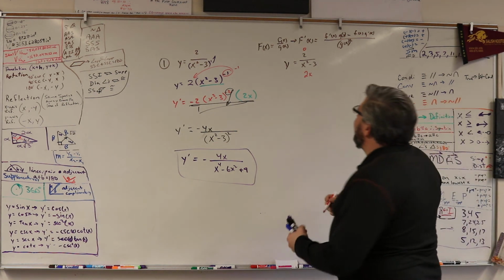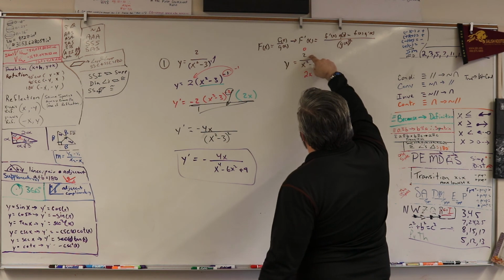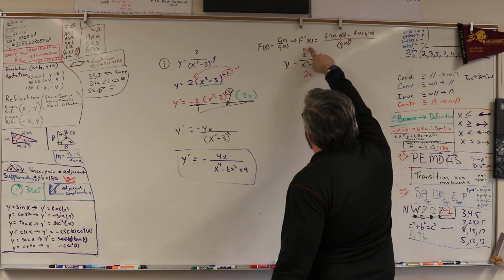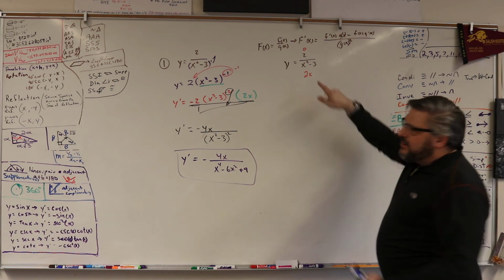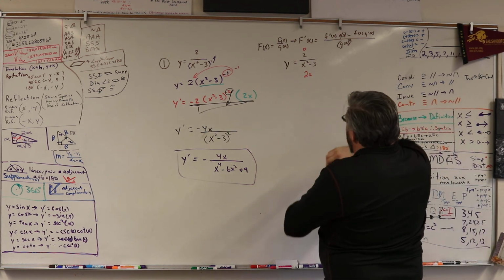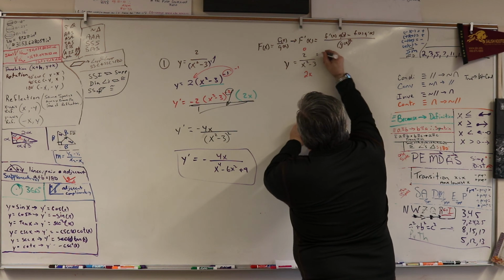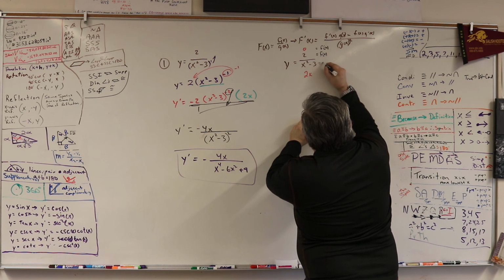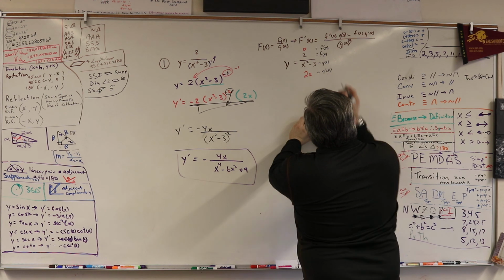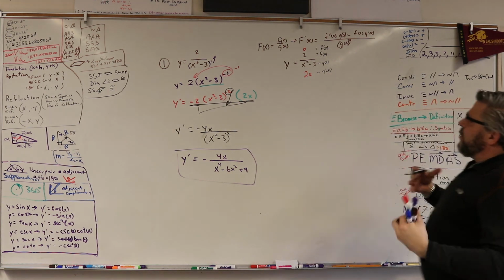And so you have f of x, f prime of x, g of x, g prime of x. Should we write that next to it? So this is f of x, this is f prime of x, this is g of x, this is g prime of x. And then you just have to remember the order in which you put them.